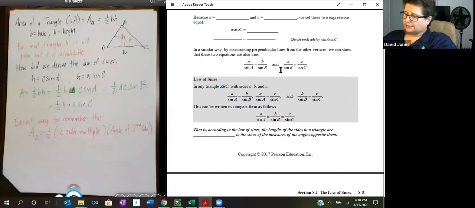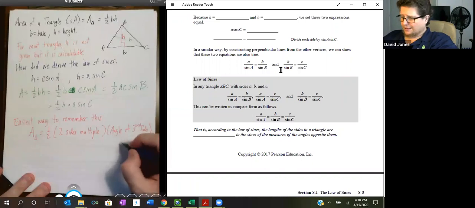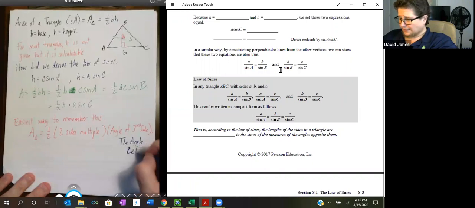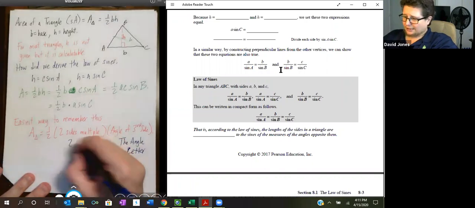Or this angle letter, that's the angle letter, and we've got two side letters.